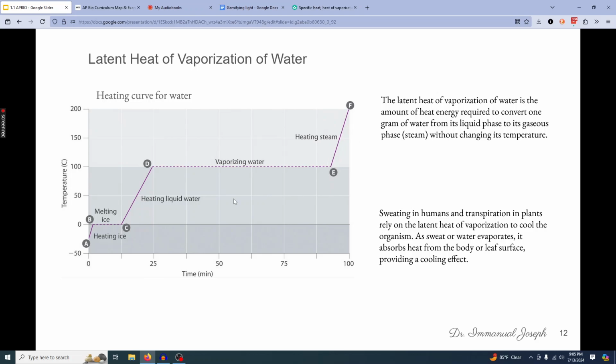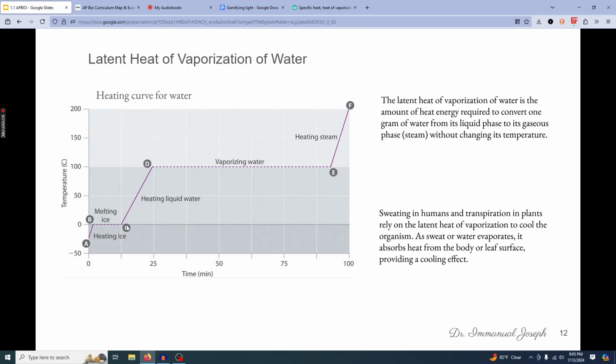Water, as you know, exists in at least 3 phases: the solid phase, which is ice, the liquid phase, which is water, and the gaseous phase, which is steam, and then there's plasma. But you have a high amount of energy that you need to heat the ice to make it into water.